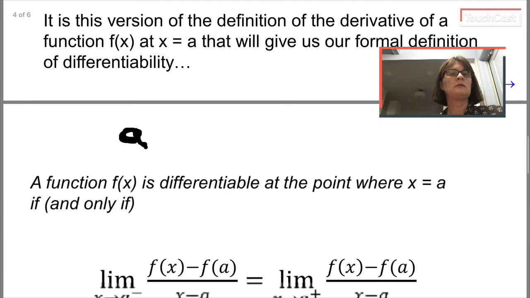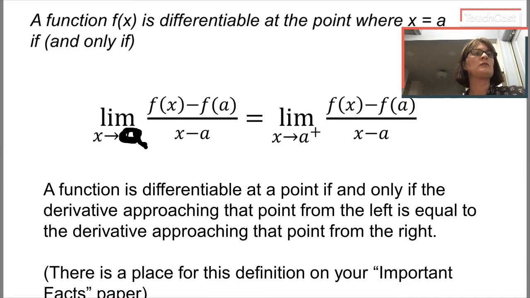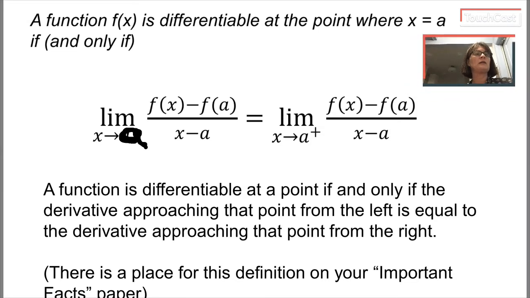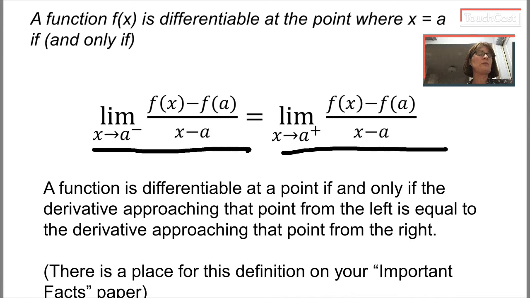So let's try this. This is a big one. There's a place for it on your notes paper. A function f is differentiable at an input a, so where the input value is a, if and only if, big picture, the derivative from the left is equal to the derivative from the right.